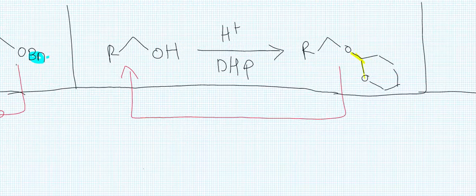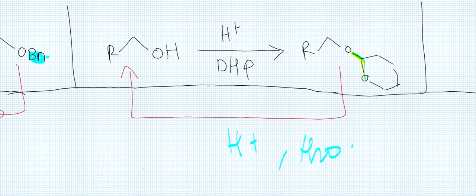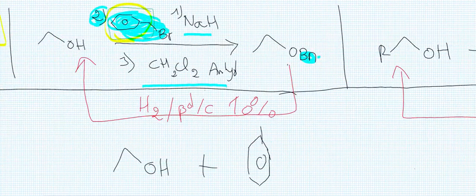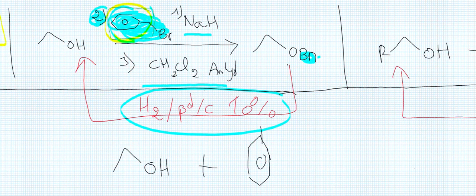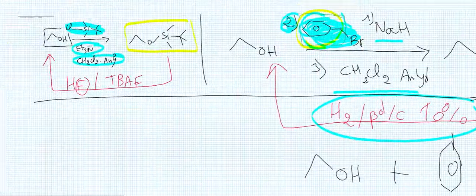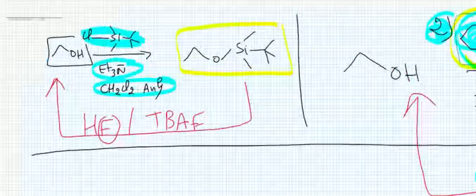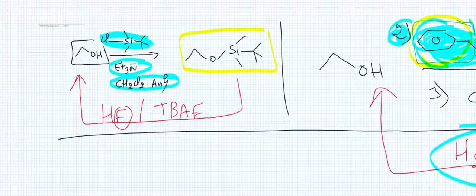Here the same thing, an acetal, so the same H plus with a water molecule or methanol. And here benzyl, whenever you see benzyl, it's always this, H2, Pd/C 10%. For silyl ether, just remember that the fluorine atom loves silicon. That's it.